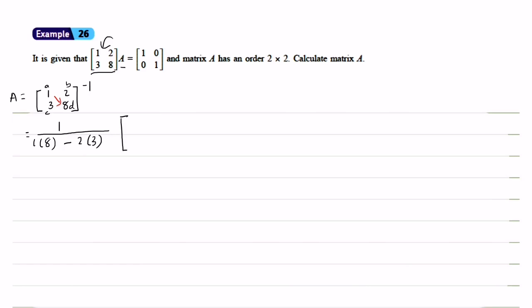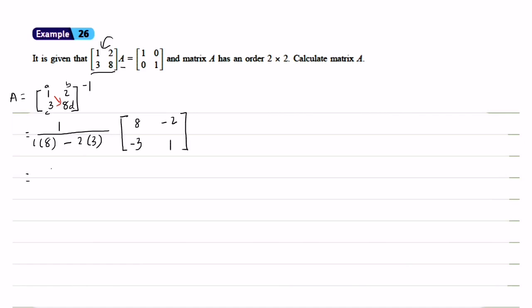Okay, now follow the arrow. So 8 goes up and 1 goes down. And the other numbers you just change: if positive, you change to negative. So here -2, 3 is -3.